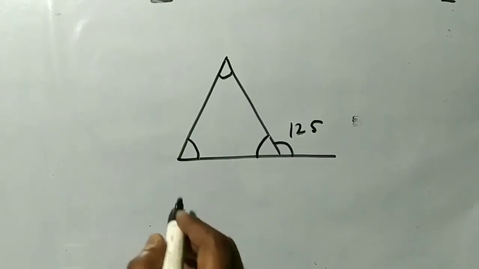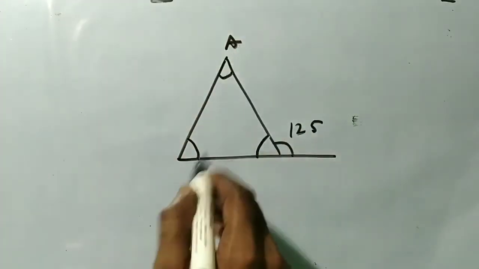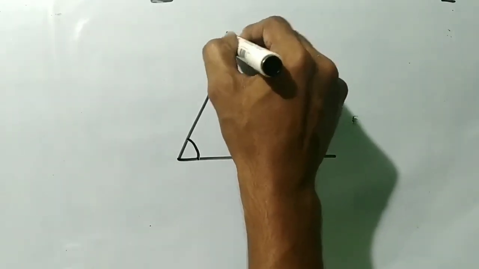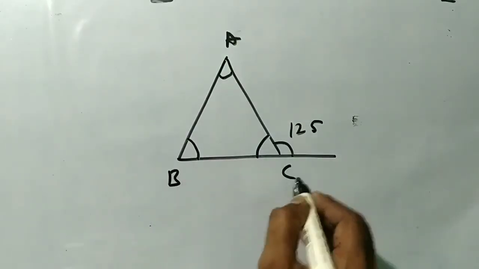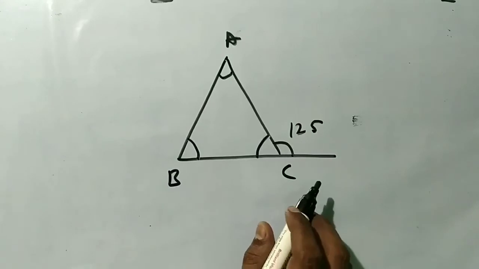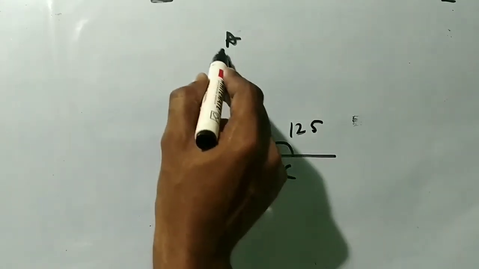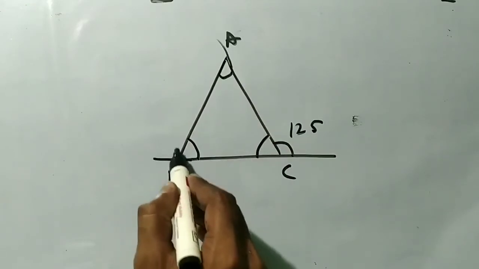Here, this is a triangle ABC for our easy understanding. We can consider PQ or any alphabet. So A, B, C. They have given the exterior angles of a triangle, that is three exterior angles, 1, 2, 3.